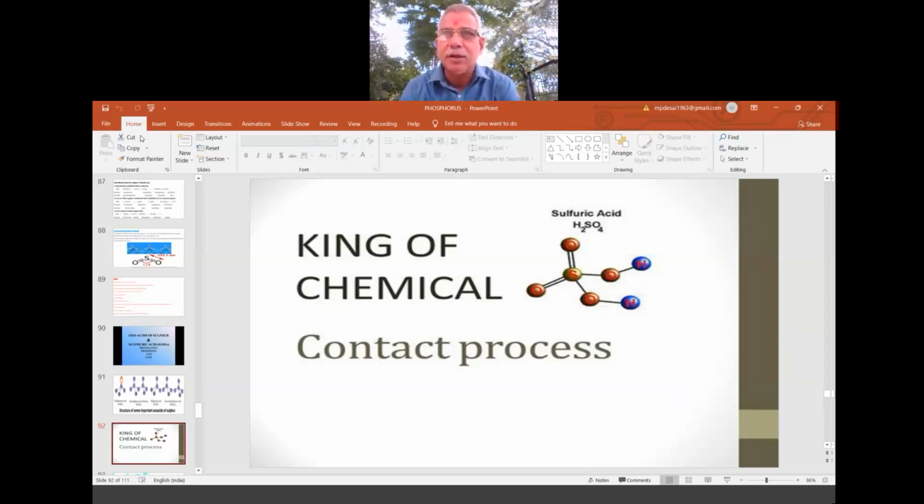They will calculate the income of the country. Imagine the income of the country depending on the use of sulfuric acid. That shows that sulfuric acid is a very important chemical due to its multiple applications. That's why it is called the king of all chemicals, and it is prepared on a large scale by the process known as the contact process, which we will study.